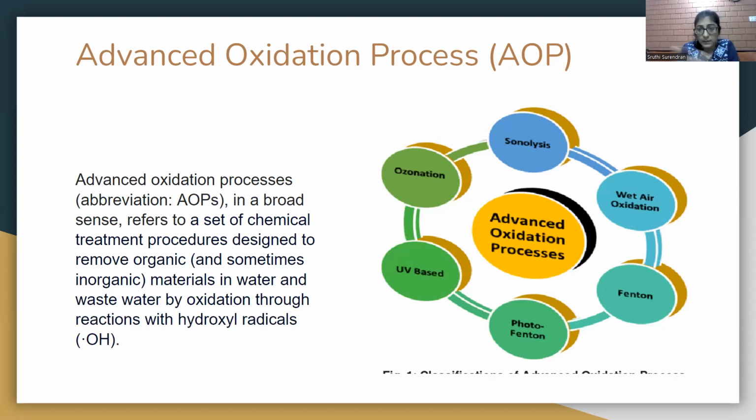There are many kinds of processes that come under advanced oxidation, like ozonation, sonolysis, wet air oxidation, Fenton, photo-Fenton, and UV based.